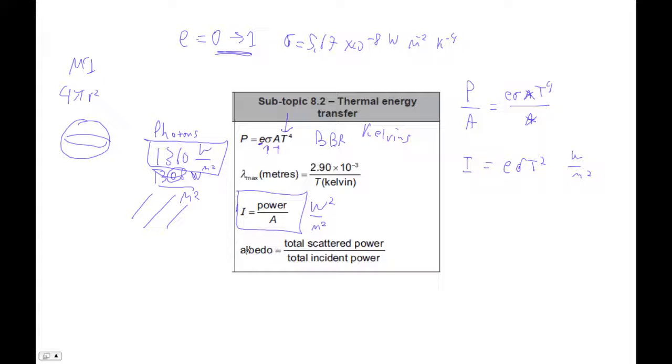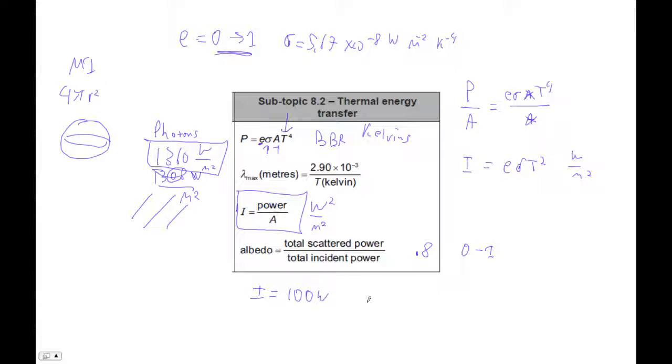And then this is albedo. So this is total power, scattered power. Let's say your albedo is 0.8. These are numbers between 0 and 1. If your albedo is 0.8, that means you're scattering 80% of the radiation over the total incident power. So let's say our intensity is 100 watts and our albedo is 0.8.